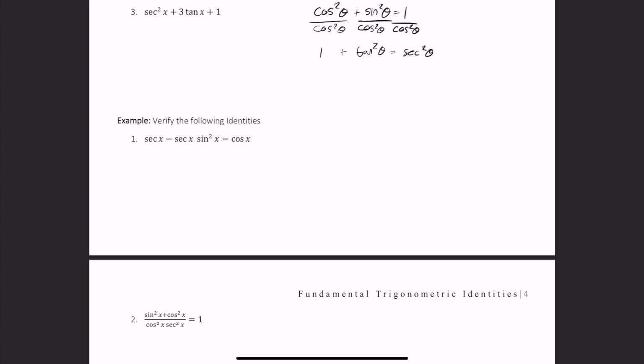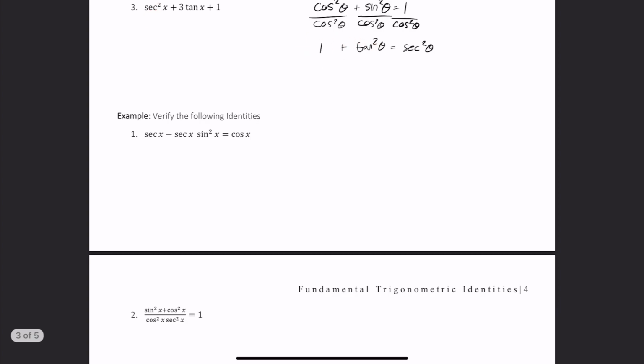Okay, so we can replace this secant with this. So we'll have 1 plus tangent squared theta plus 3 tangent x plus 1.